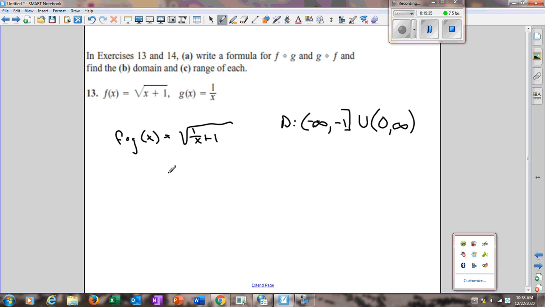So that's my domain. My range would be, if I put the smallest value in here, say -1,000, then that would give me basically close to 0 for this. And then plus 1, square root of 1 would be 1. So if I go with the smallest number, it would give me 1.